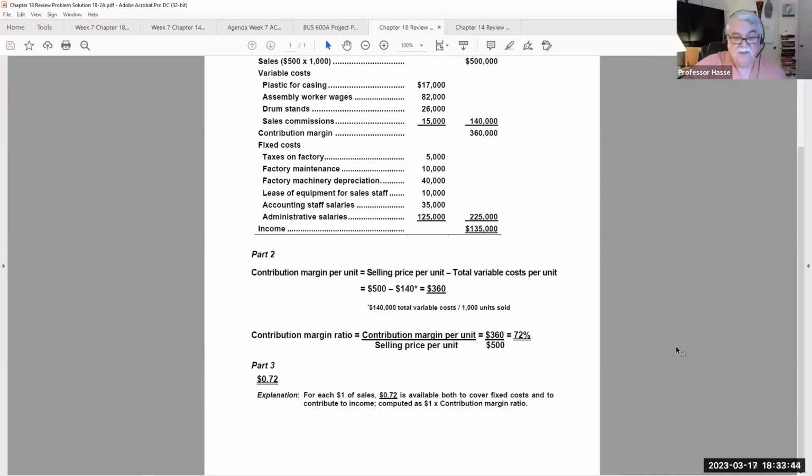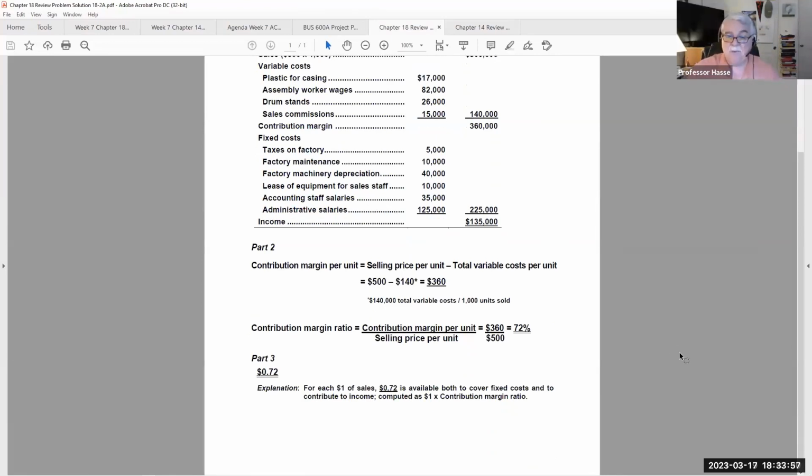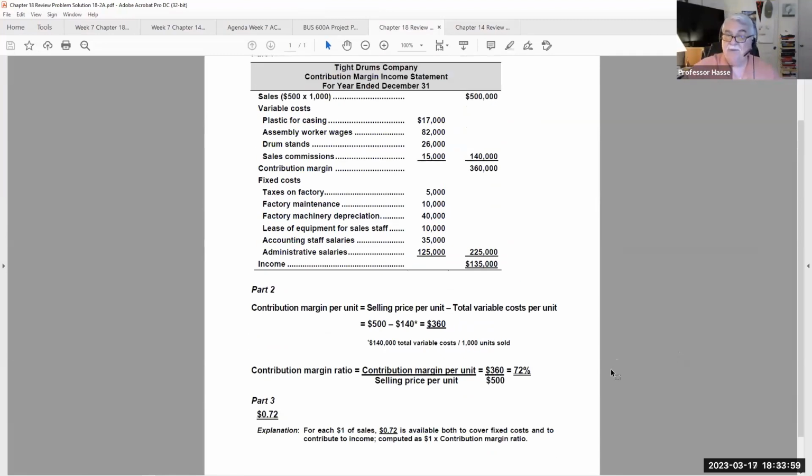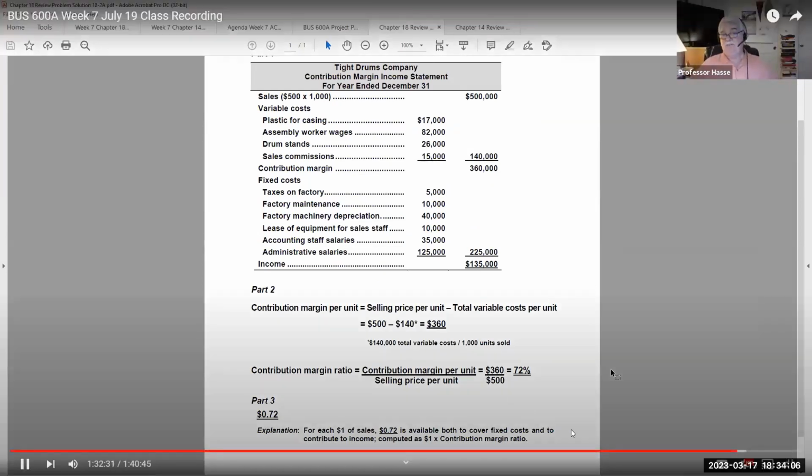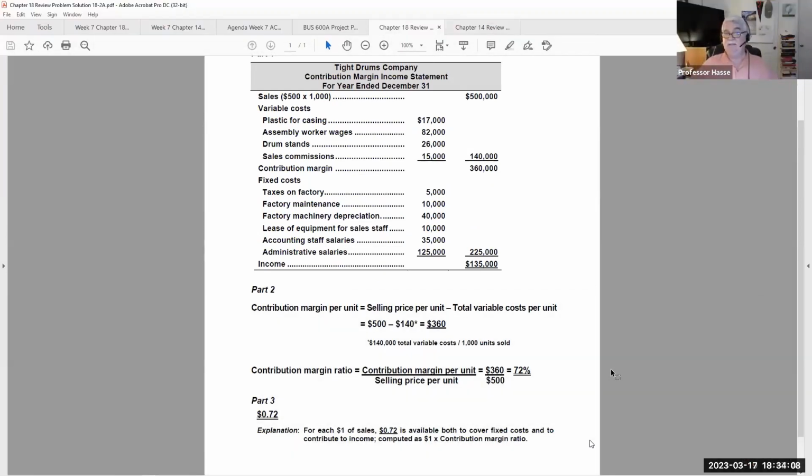So in part 3, we know that 72 cents per dollar of sales, or 72%, is our contribution margin. It's not asked in this problem, but we could calculate what our break-even point is. I'm going to leave that for your discussions. But this company is making $135,000 at selling $500 at 1,000 units. Their contribution margin is 72%.